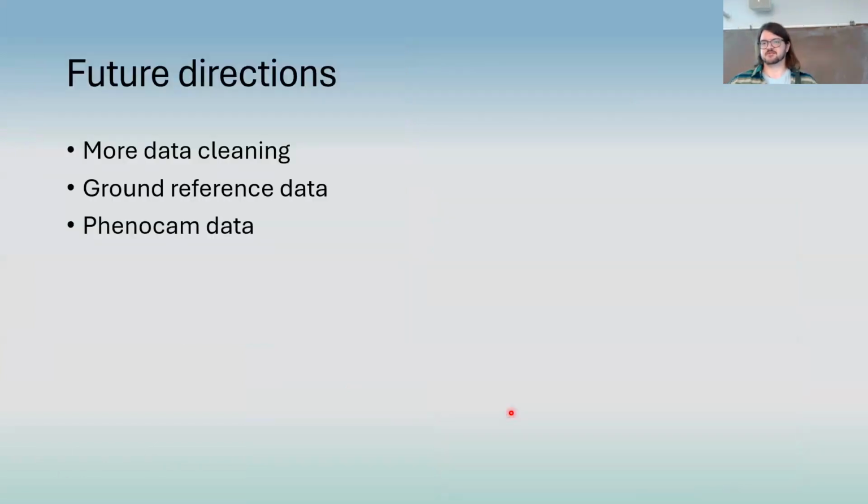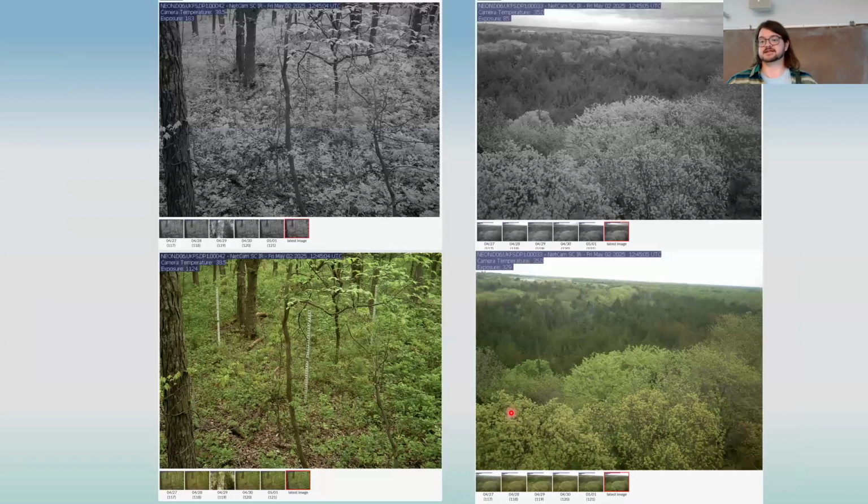So for this, in terms of future directions, we need to do some more data cleaning. We need a lot of ground reference data to really probably get a classification. And then finally, one other interesting thing at a closer scale that NEON also collects is this phenocam data.